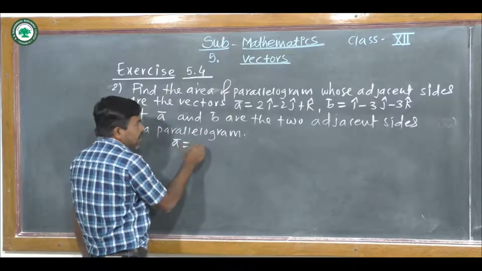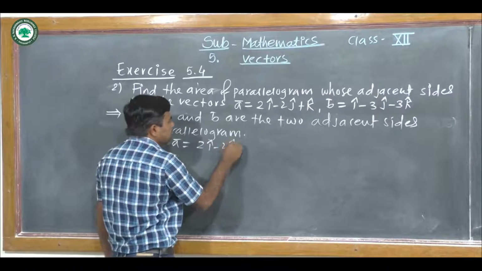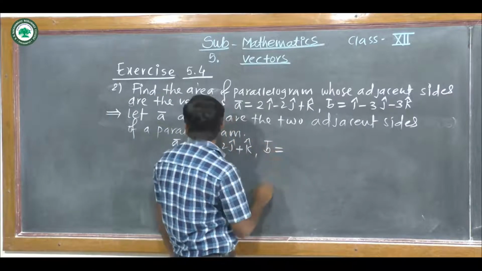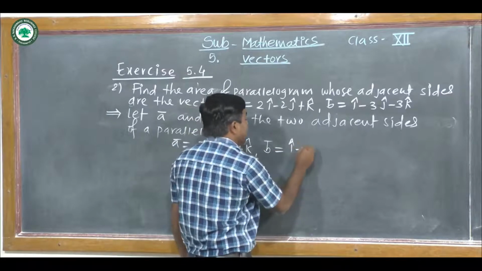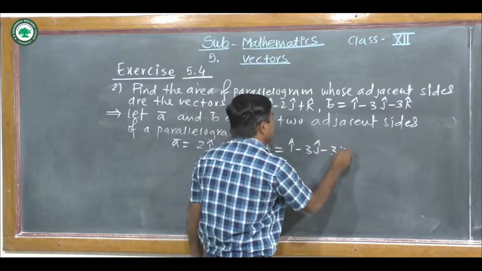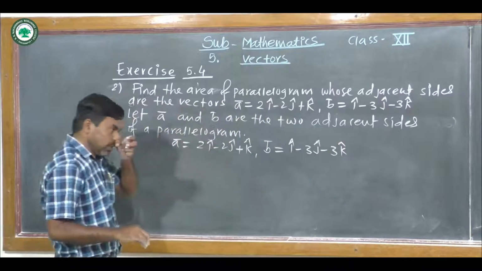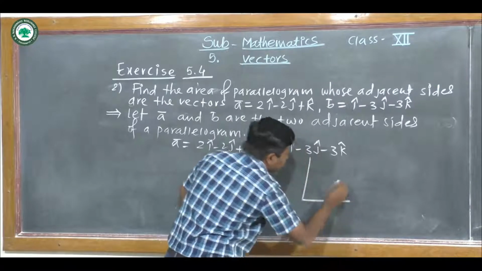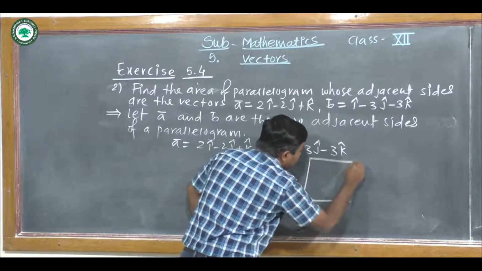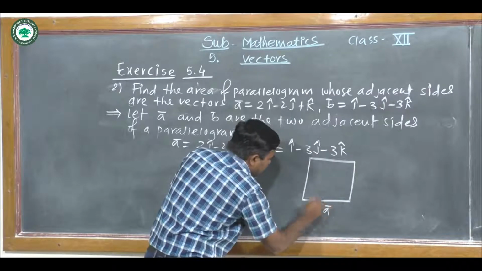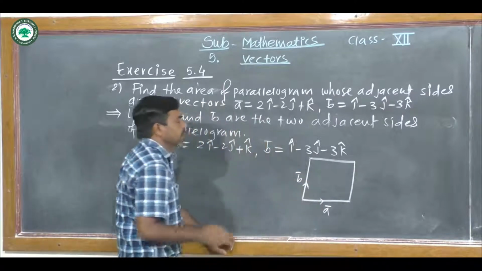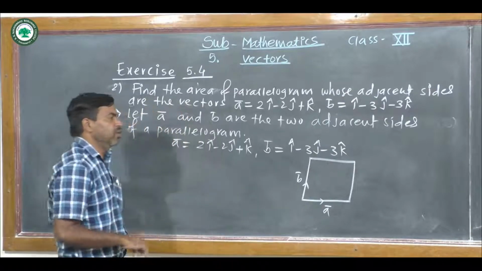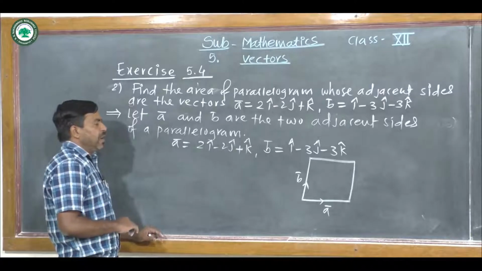What is a bar? 2i cap minus 2j cap plus k cap, and b bar is equal to i cap minus 3j cap minus 3k cap. These are the two adjacent sides of a parallelogram. It means if this is the parallelogram, then along these two sides, this is a bar and this vector is b bar. And we know that the area of this parallelogram is nothing but the magnitude of the vector a bar cross b bar.